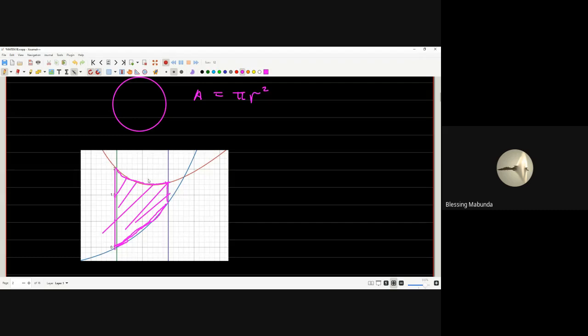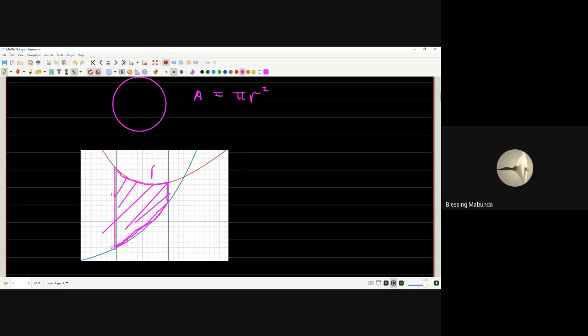So the curves bounding the function beneath and above it are going to inform f and g, and then the curves x is equal to 0 and x is equal to 1, bounding the function on the left and right sides, are going to inform the lower and upper bounds of the integral.